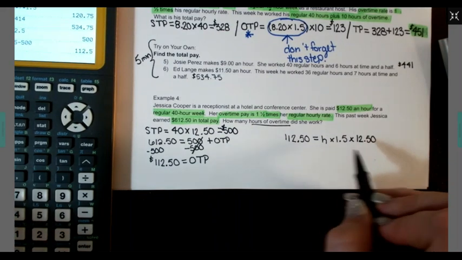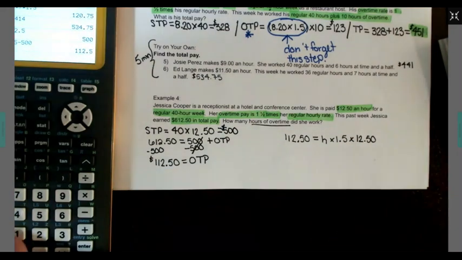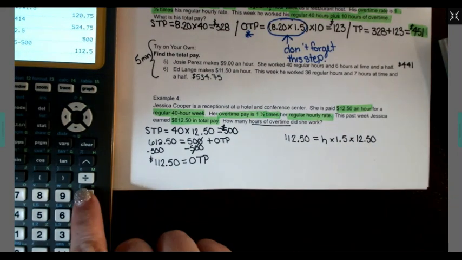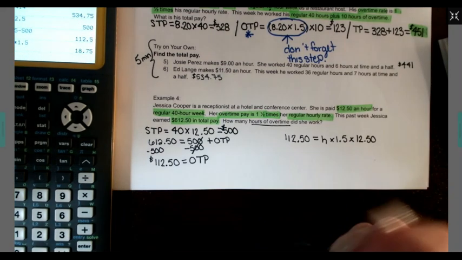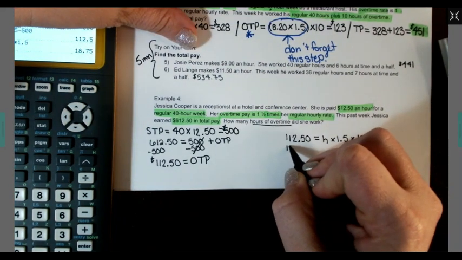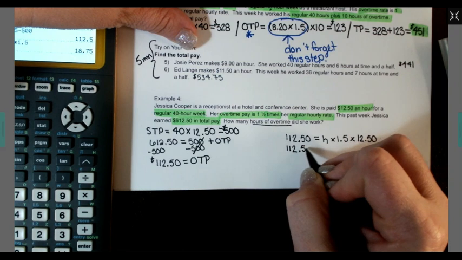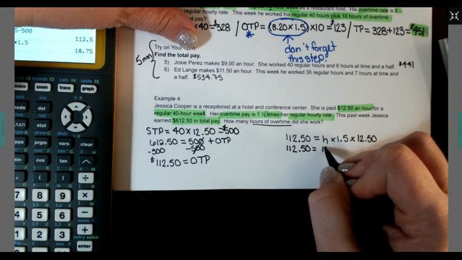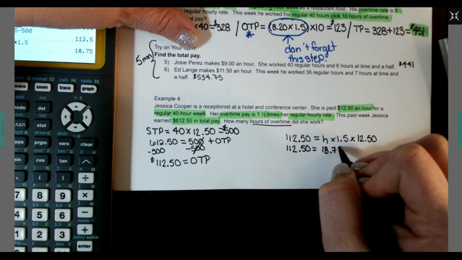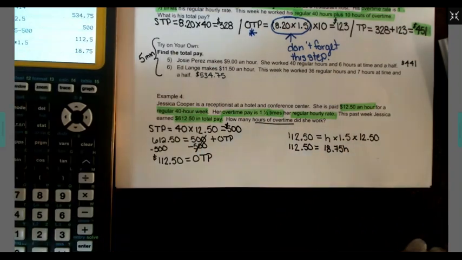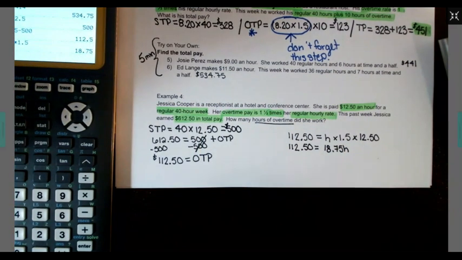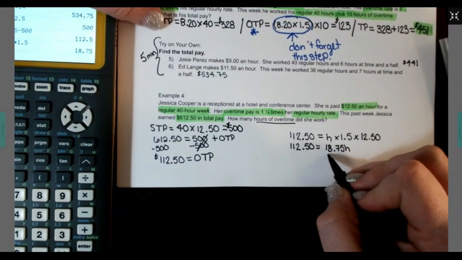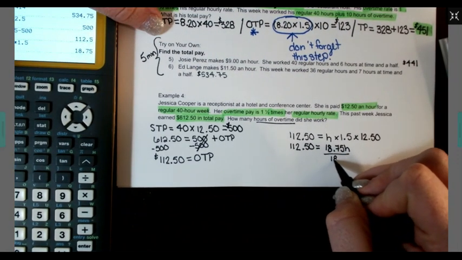Now, these are being multiplied together, so let's go ahead and do that. 12.5 times 1.5. So we have 112.50 equals 18.75 H. How do we solve for H? We divide by 18.75.